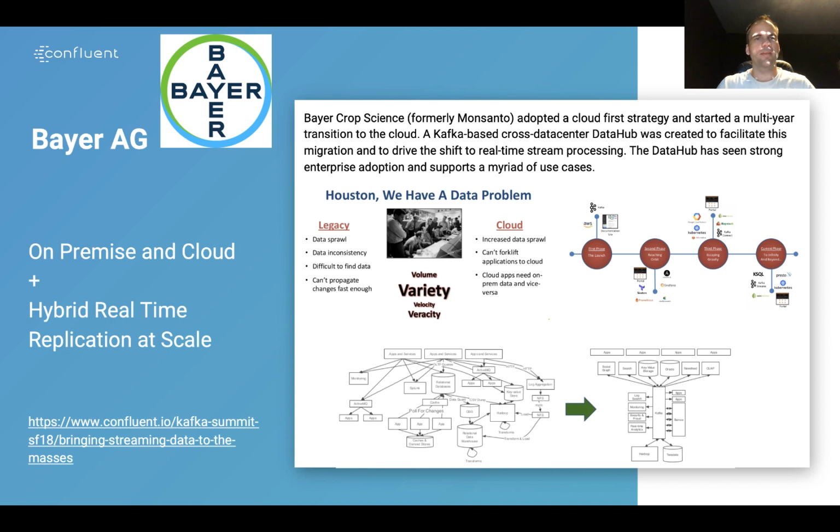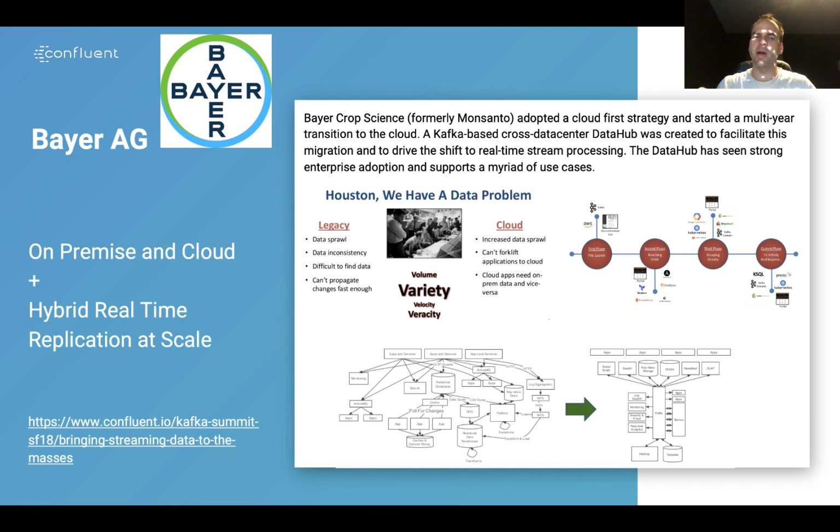The next example is Bayer AG. In this case, it's formerly called Monsanto, which was acquired by Bayer a few years ago. But the most interesting part here is that it is a very common scenario because it's about hybrid architectures. A lot of the data is still on-premise, but the new strategy is to process data in the cloud.